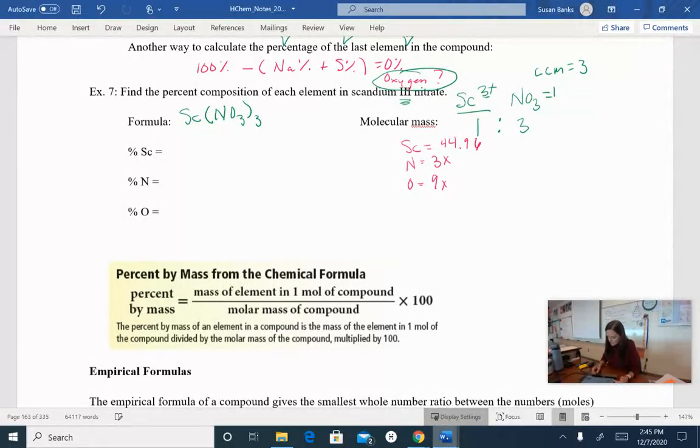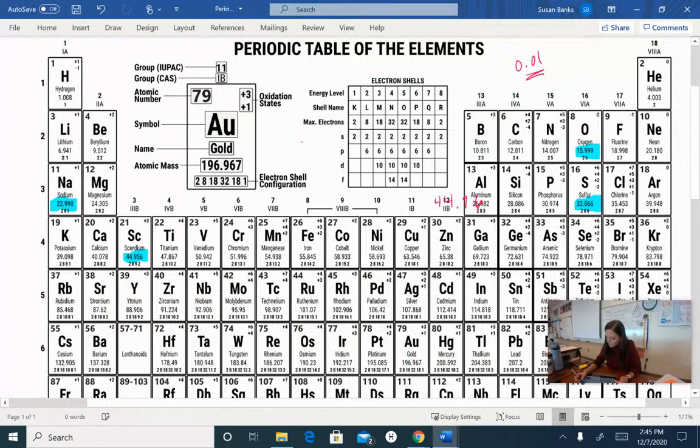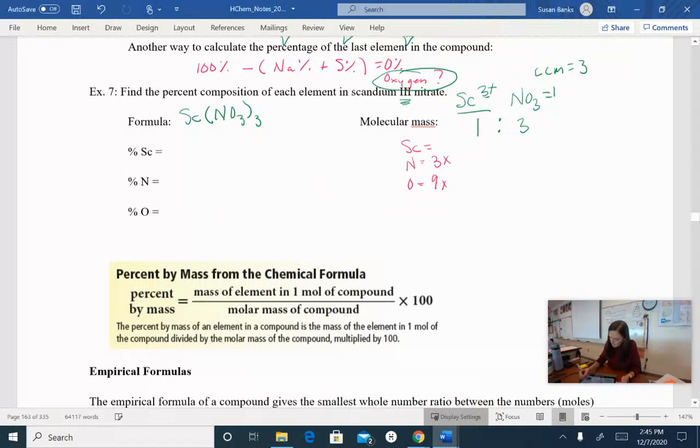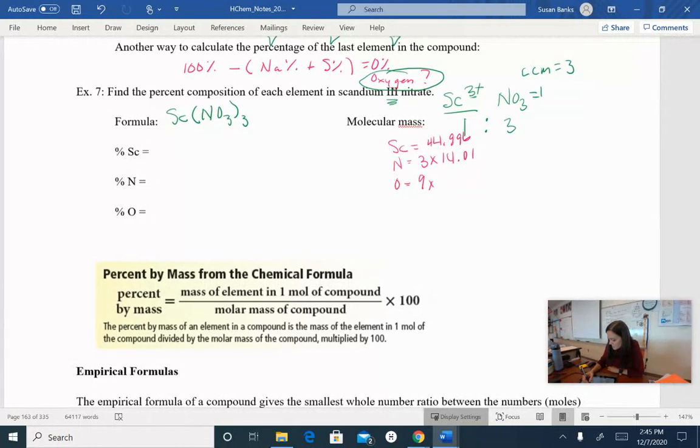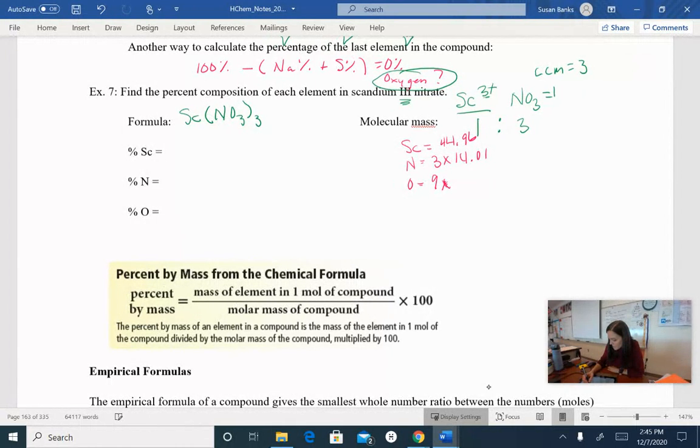Nitrogen, let's take a look at nitrogen. Nitrogen, 14.007. That's going to round to 14.01. Okay, my scandium didn't keep. I moved too quick. And oxygen, we already looked up before, right? We know that oxygen is 16.00.